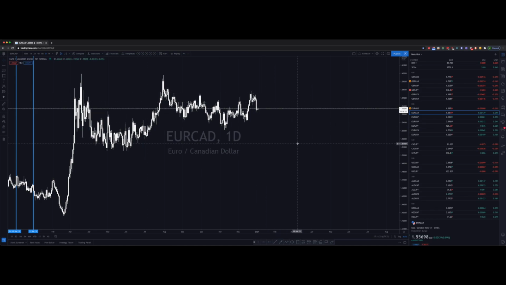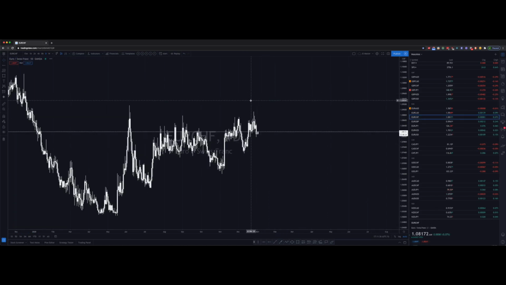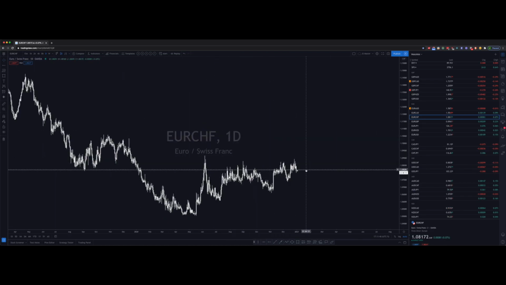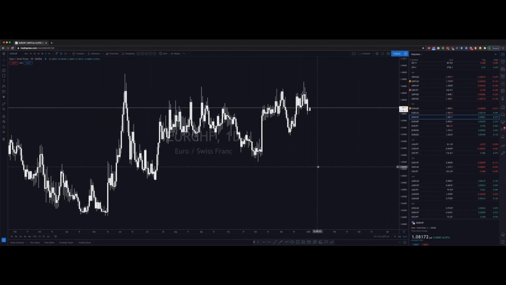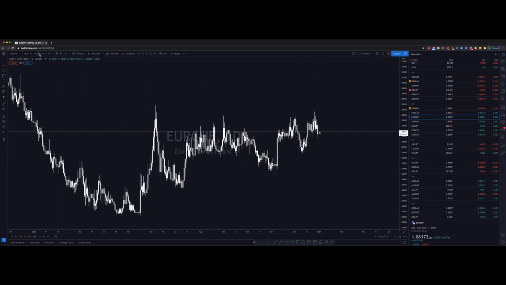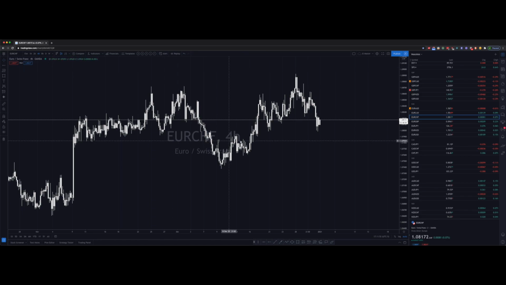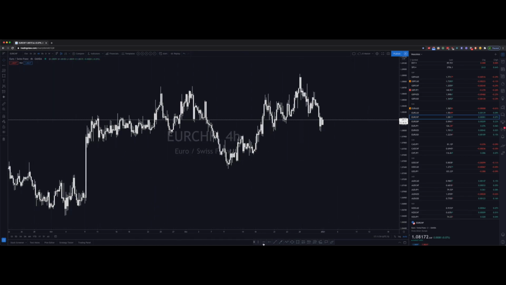EURCAD sideways, nothing going on. EURCHF, maybe we could see a push up, but again, you're kind of in sideways movement. Let me just have a look on the lower time frame. Okay, cool.